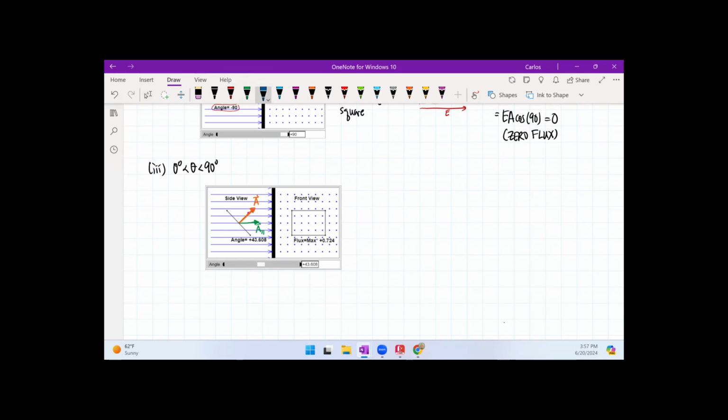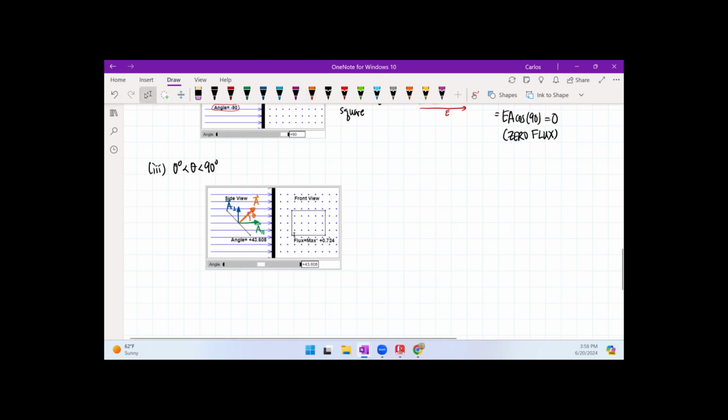And then there's another unit vector that goes perpendicular to the field lines, and that's a perpendicular. So these are the vectors that we're talking about. When I look at the tilt of this, right here is the angle theta that we're talking about.